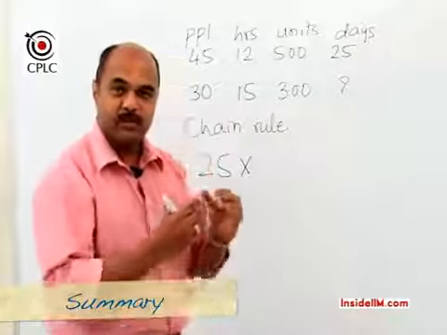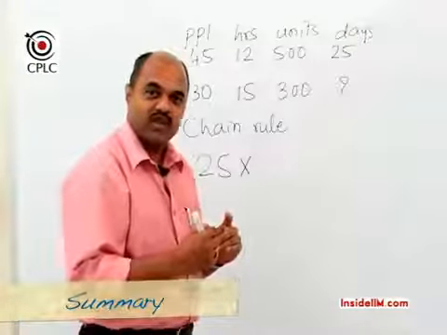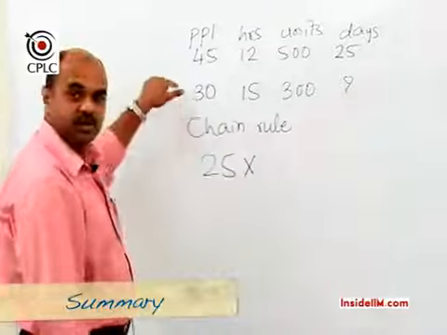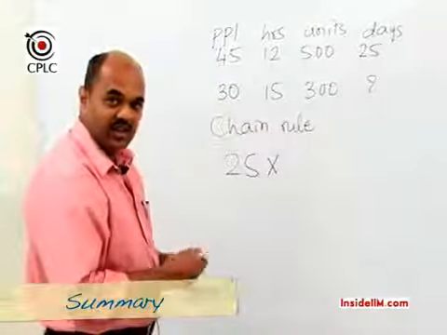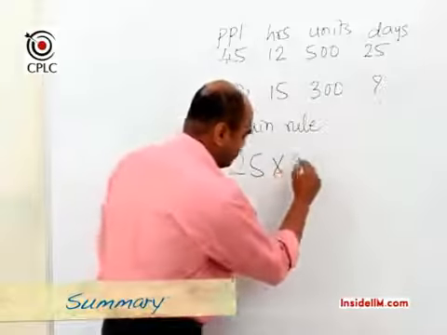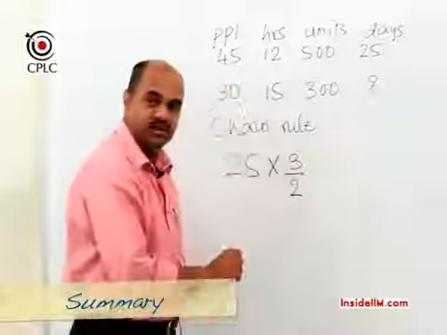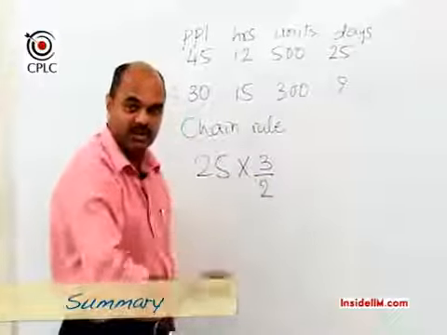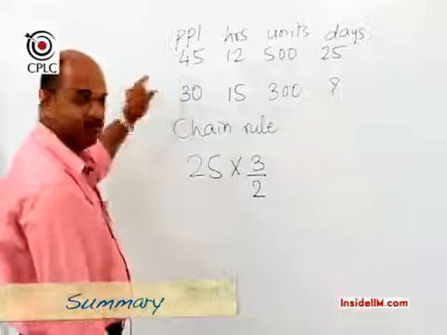Since the number of people goes down, the number of days required would go up, and if the number of people has become 2/3 of earlier, then the number of days would become 3/2 of earlier, and hence we multiply the earlier number of days by 3/2. We've accounted for the number of people.